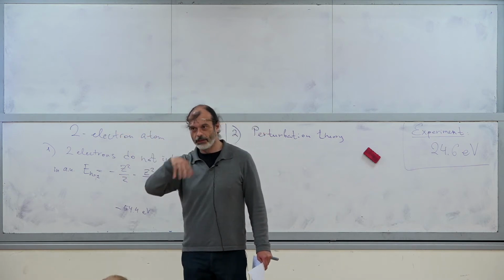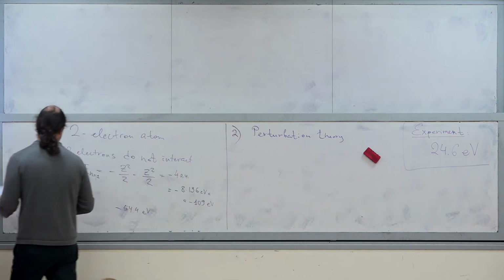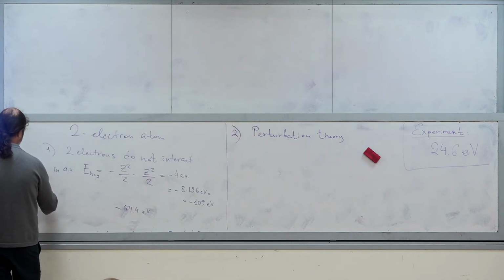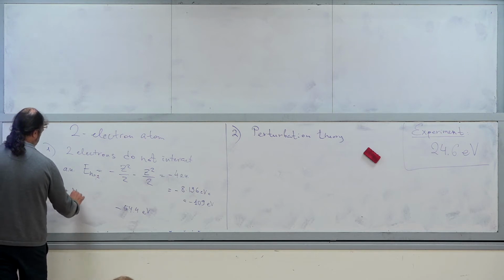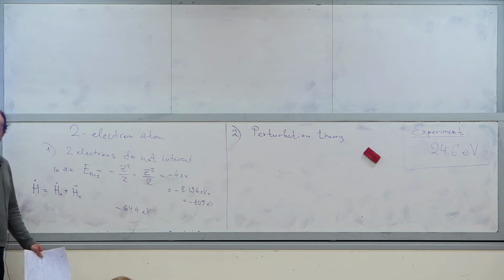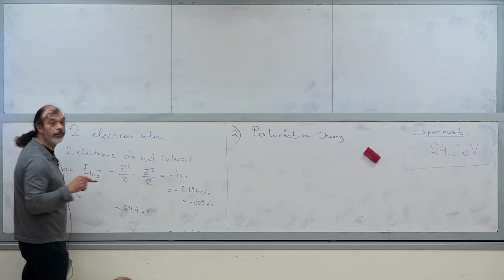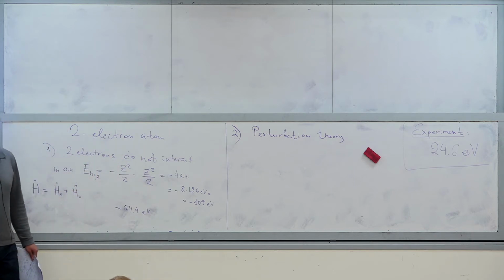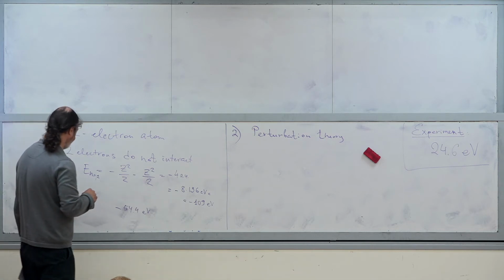So that was sort of twice H0, right? So in this story, we consider the Hamiltonian to be just H0 of hydrogen plus H0 of hydrogen, right? That was essentially the Hamiltonian that we considered here, and that allowed us to calculate easily the binding energy of the electron according to a hydrogen atom.